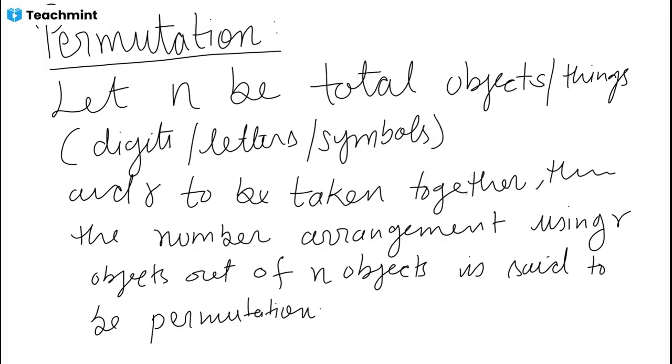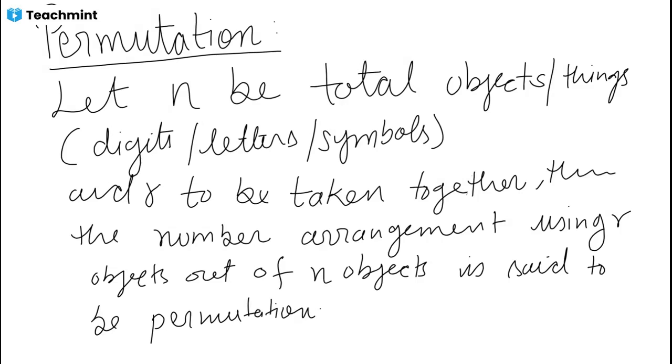Means we have n total things, out of which we are taking some, which we denote by r. Permutation is just about the number of arrangements in which order matters. Similarly, in combination we just form groups where order doesn't matter.